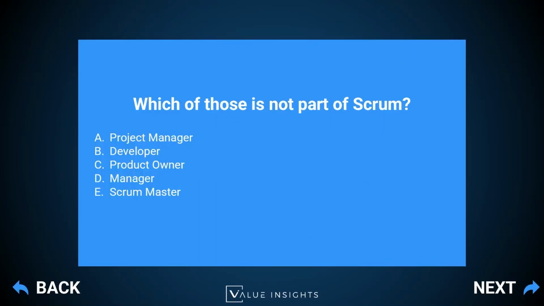So the first question here, which of those is not part of Scrum? A, project manager, B, developer, C, product owner, D, manager, or E, Scrum Master. And now let's have a look at the answer.